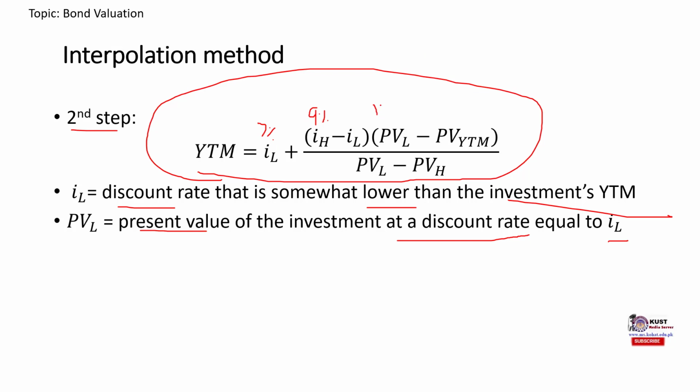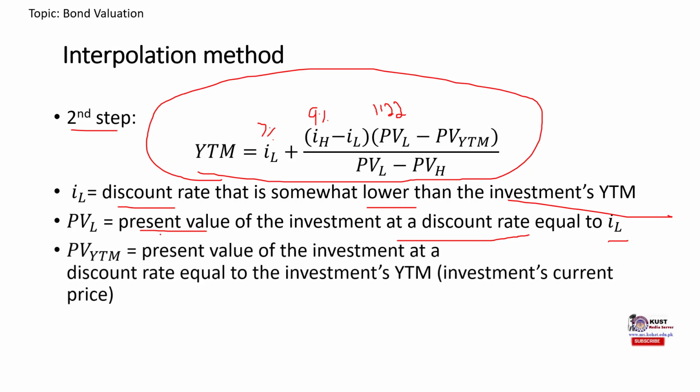The answer was 1122. PV YTM, this is the present value of YTM and the discount rate equal to the investment or our desired answer. So this is 1080. The higher would be PVH, the answer that we find using the higher interest rate.